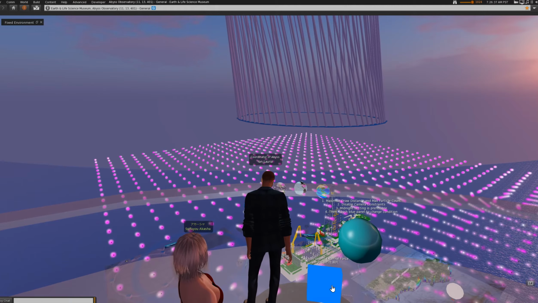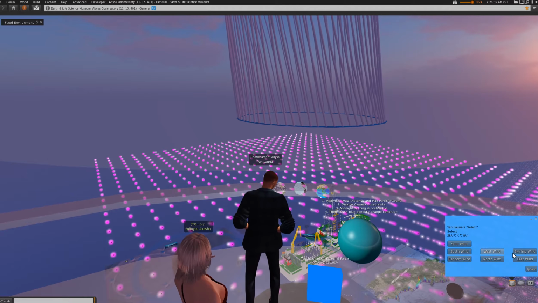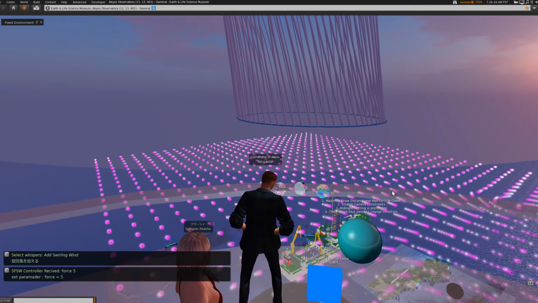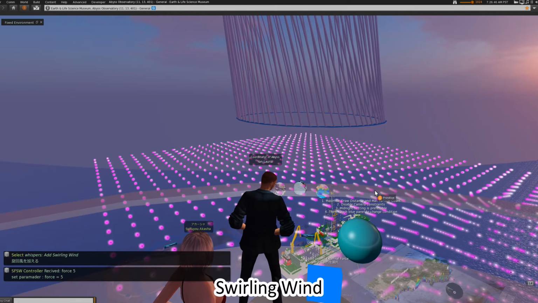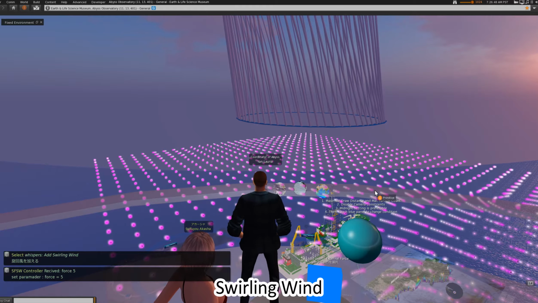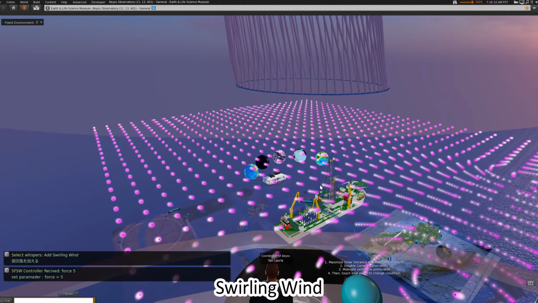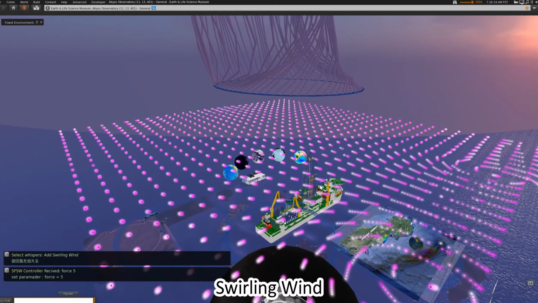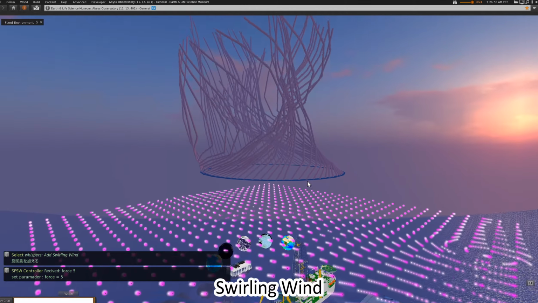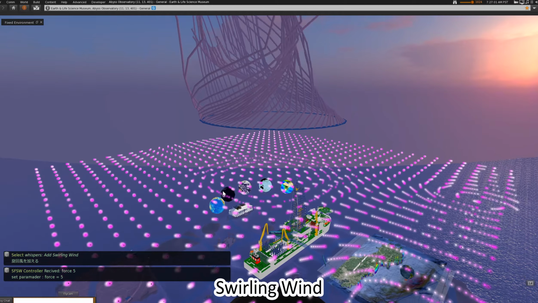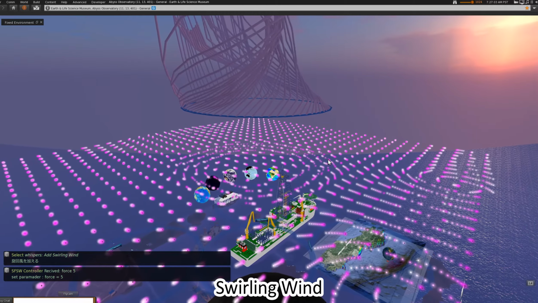And click swirling wind. So the wind starts swirling like a typhoon or hurricane.